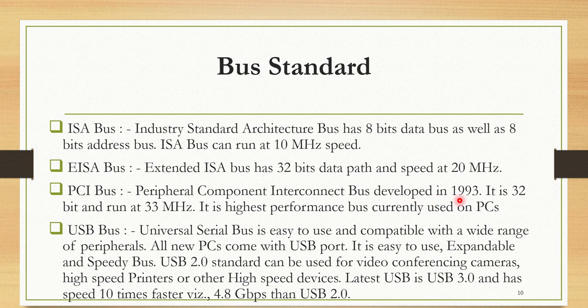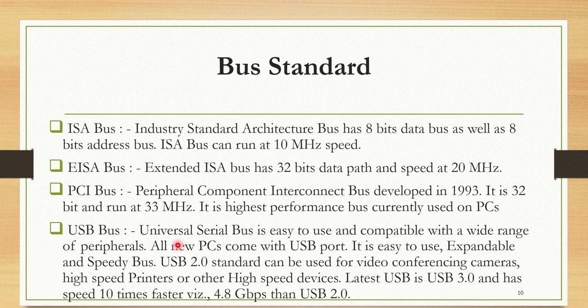It is a newer technology. It has a 32-bit address bus as well as data bus, and runs at 33 megahertz. You see, it's so fast. Earlier it was 10 megahertz, now it is 33 megahertz. It is a faster performance bus currently used on PCs.